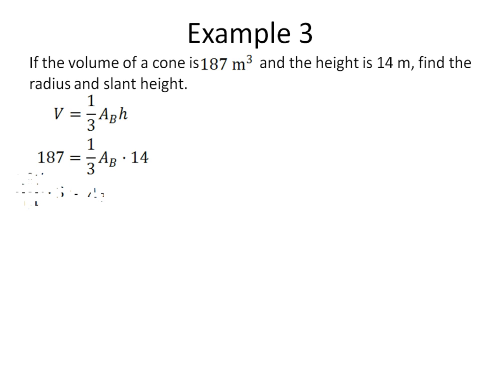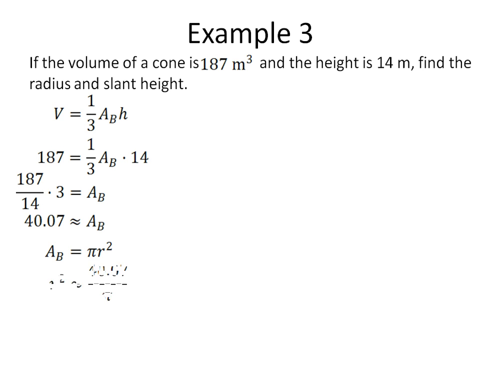Okay, so we're going to divide both sides by 14 and multiply both sides by 3 to take care of the fraction. So this gives us 187 over 14 times 3 is equal to the area of the base, which gives us 40.07. And we know the base is a circle, so the area of the base is equal to pi r squared.